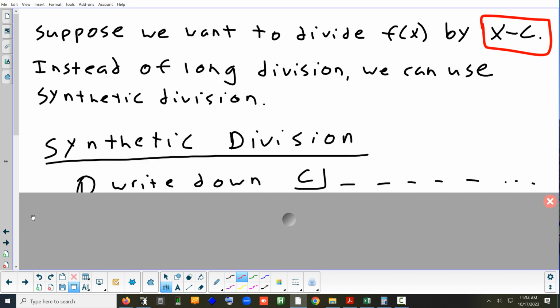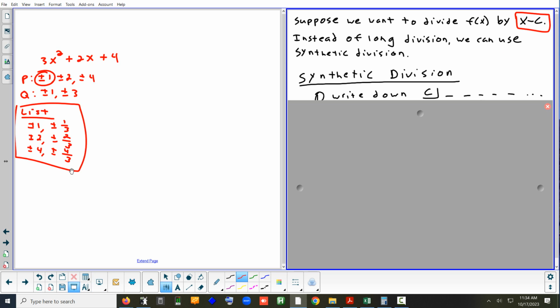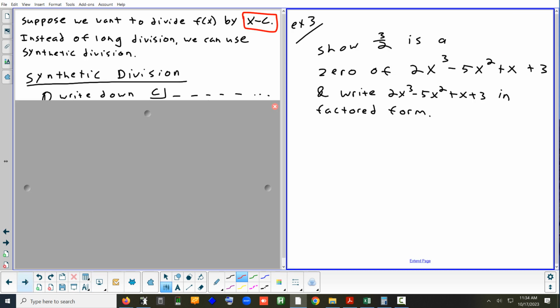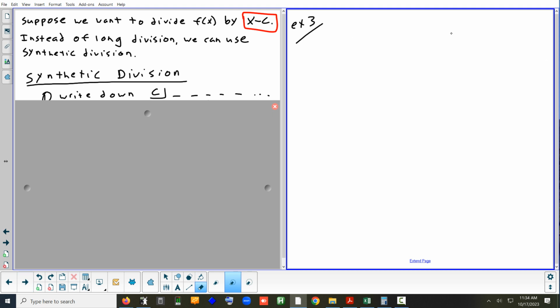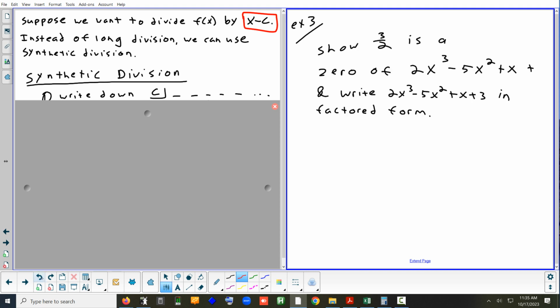Okay, so I'm going to do it like I did yesterday. Let's divide. Actually, I need the problem. I'm just going to reword this a little differently. Divide 2x cubed minus 5x squared plus x.